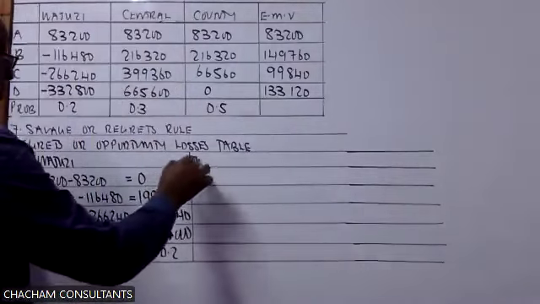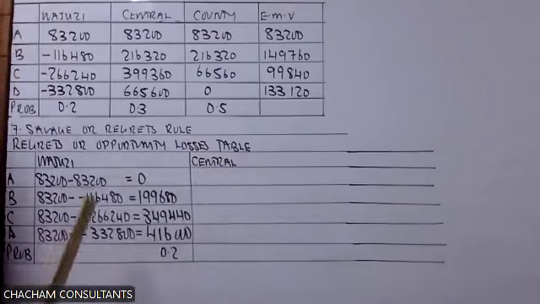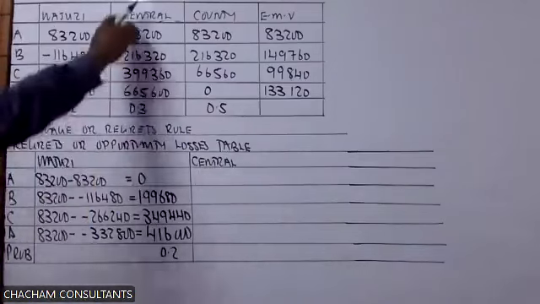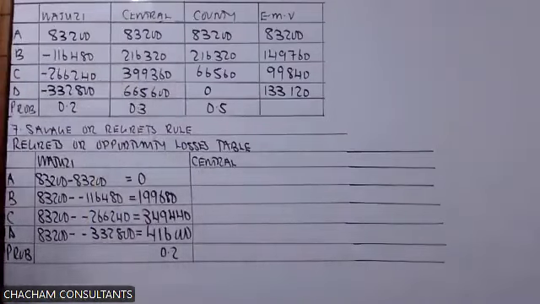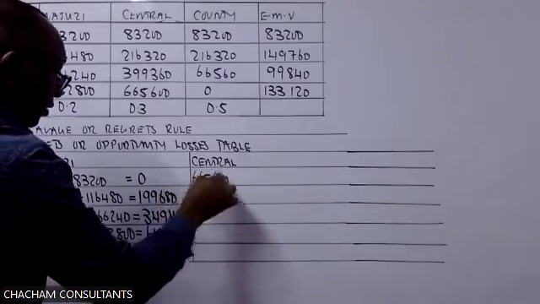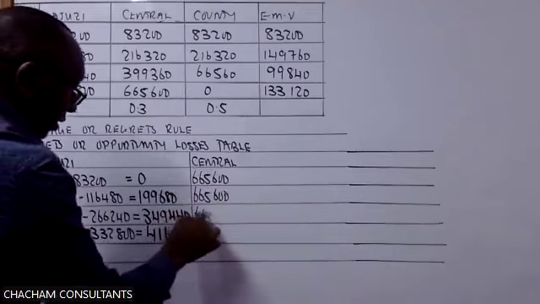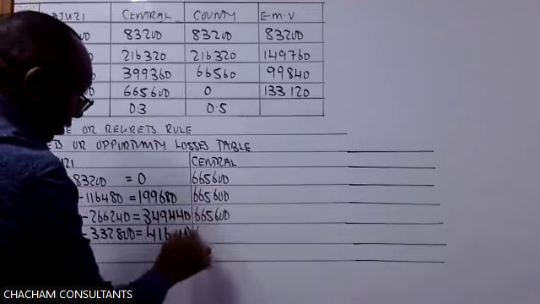We go to the next column. When you go there, you do the same. The highest of all of them is this one, 665,600, so you write 665,600 everywhere.